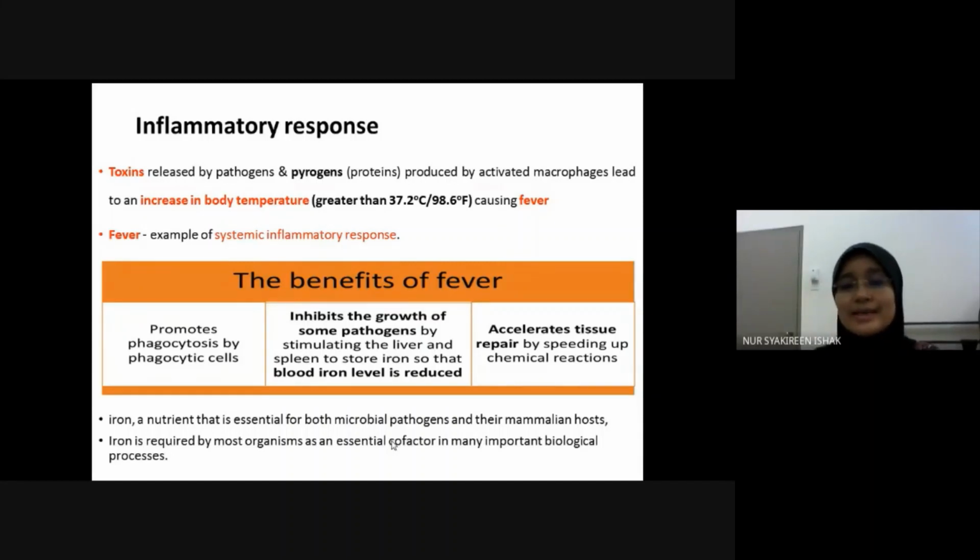Tak kisahlah dia sel pathogen ke, dia sel host cell ke. So bila iron ni kurang, so the bacteria cannot get enough nutrients, so it cannot carry out proper metabolic function, because less iron is present.